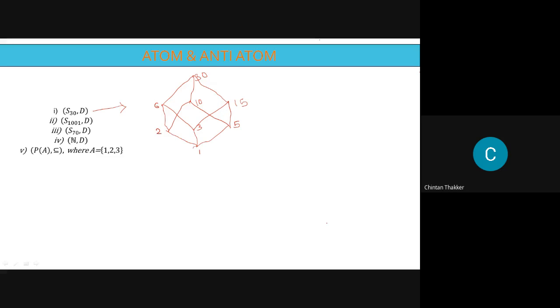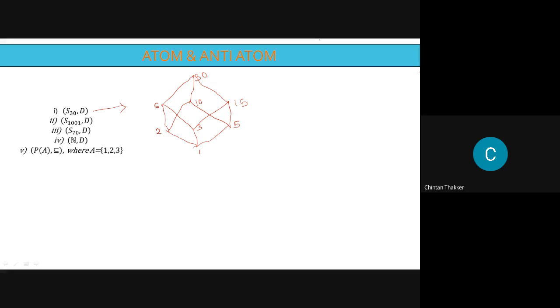Which are the atoms and anti-atoms here? Here atoms are 2, 3, 5. Because at 2, 3, 5 we have only one line coming from the downside and they are covers of the zero element, that is 1.